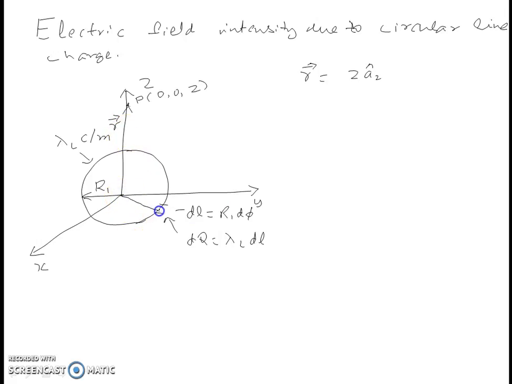So here this is r dash, and here r dash is given by r1 a rho.